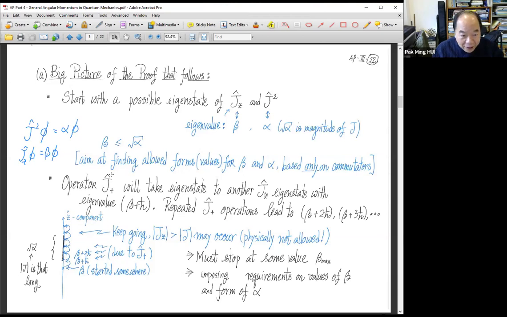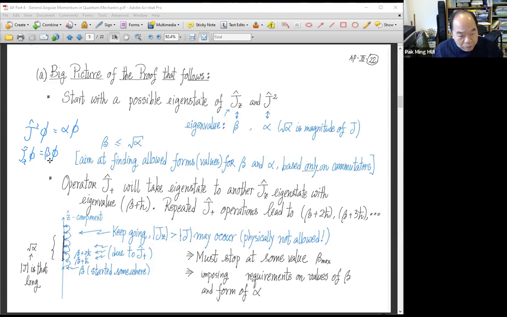Now, just like what you did in harmonic oscillator physics, we will soon define something called the raising and lowering operators of angular momentum. What they do is the following.